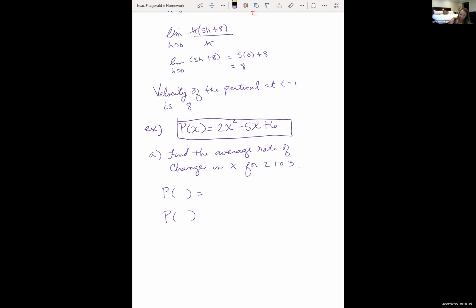Let's rewrite this and put parentheses wherever we see an x, and then we'll go back and rewrite the number we're going to plug in. So we have 2 times parentheses squared, minus 5 times parentheses, plus 6.